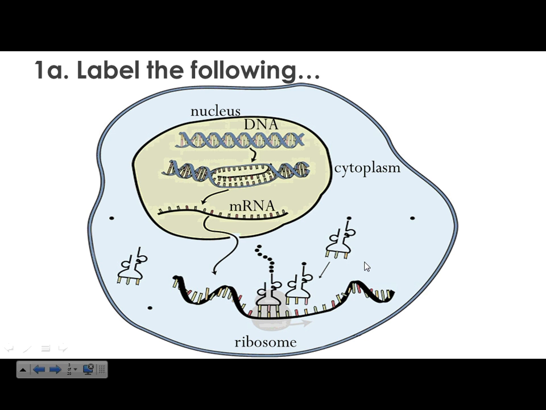Inside the cytoplasm, the mRNA will meet up with a ribosome, and ribosomes are also made of rRNA. tRNA is the molecule that brings the amino acid to the ribosome mRNA complex. So we see these three prongs that we have on the tRNA.